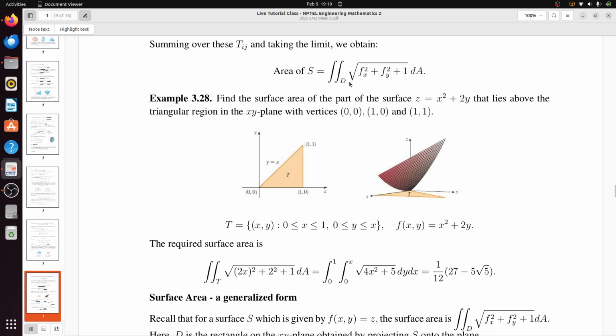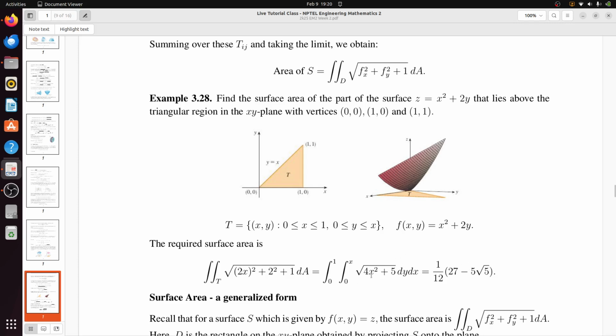Now you know this formula, area of S. You have the domain, and you have your function f, which is x square plus 2y, and this is your formula: square root of f_x square plus f_y square plus 1 dA. So f_x is 2x, whole square, plus f_y is 2, square again, plus 1, dA, with y from 0 to x and x from 0 to 1: the integral of square root of 4x square plus 5 dy dx.